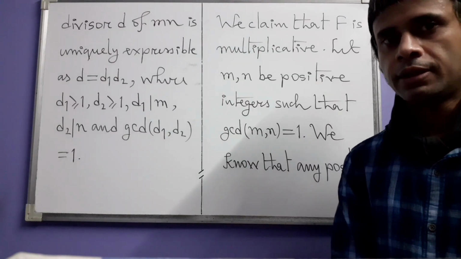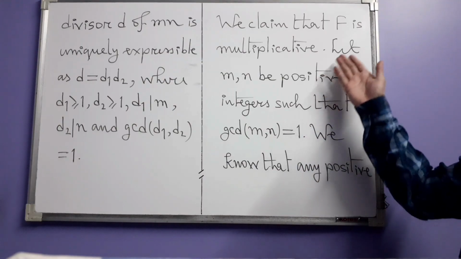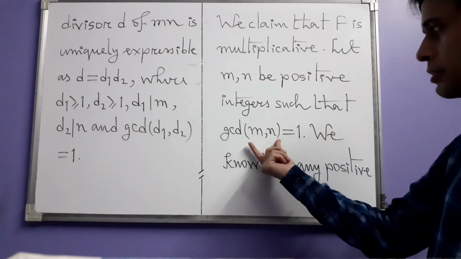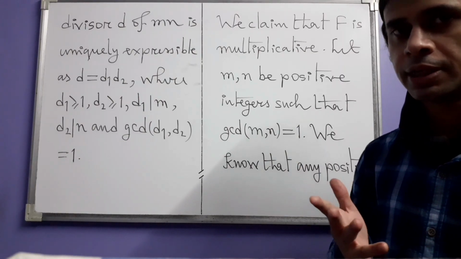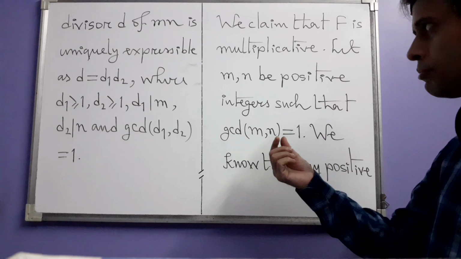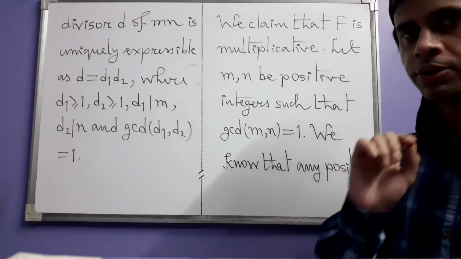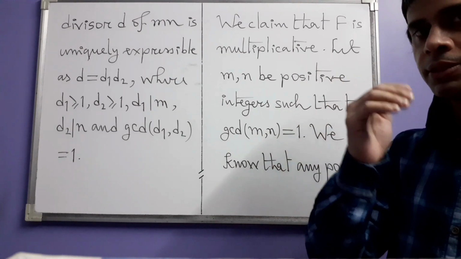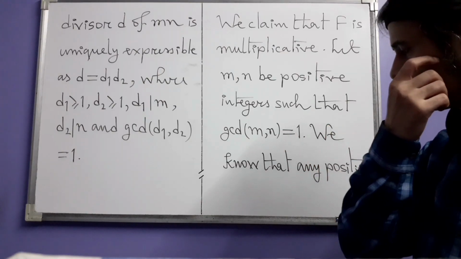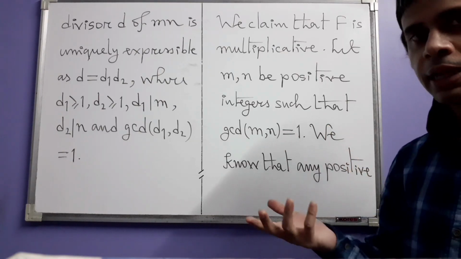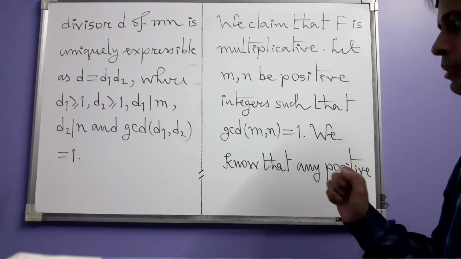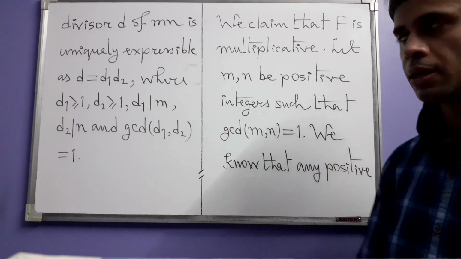So to prove that F is multiplicative, of course, we have to take two positive integers m and n such that their GCD is 1. That means they are relatively prime. And then we have to prove that F of mn, the product, is equal to F of m times F of n. That will mean that F is multiplicative. Now before we start our calculation, we note something that we saw in a previous result.